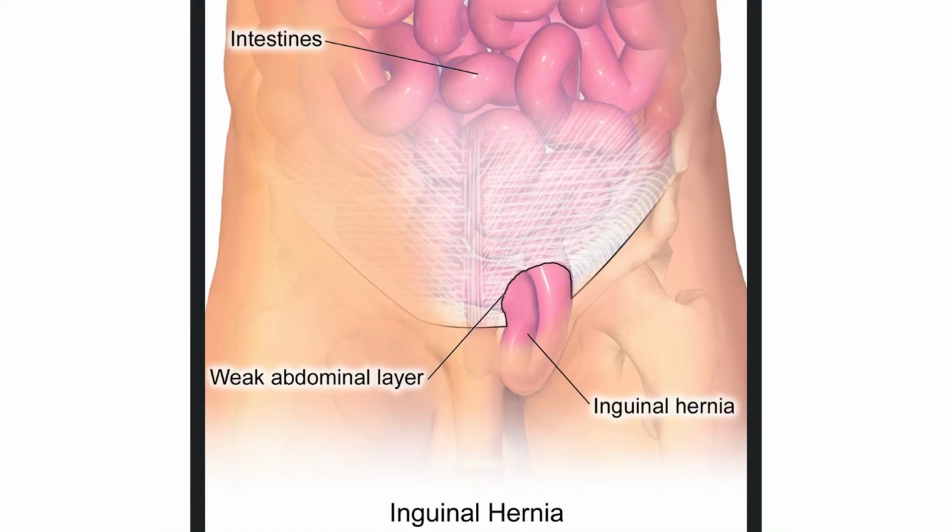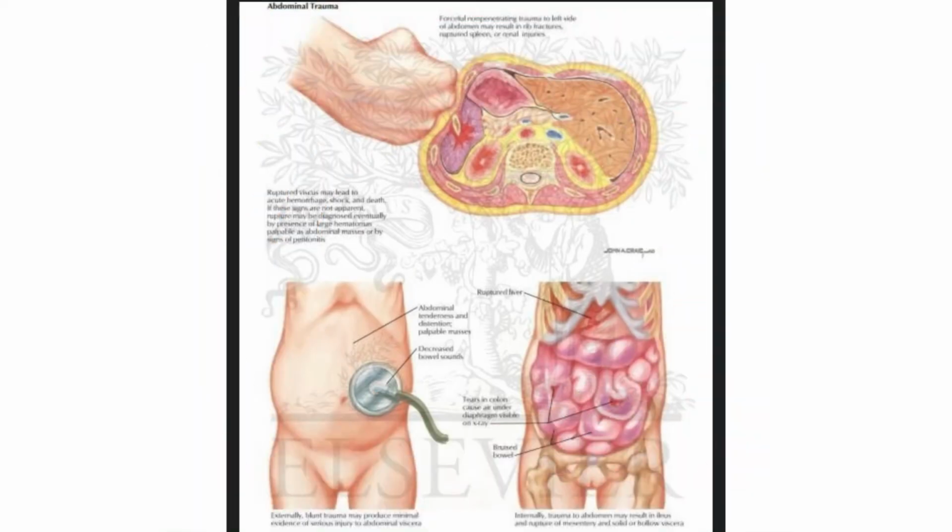Inguinal hernia is more common in males than in females because in males, the testicle starts inside the abdomen and has to go down through an opening in the groin area in order to reach the scrotum. Also, males have a wider inguinal canal than females.